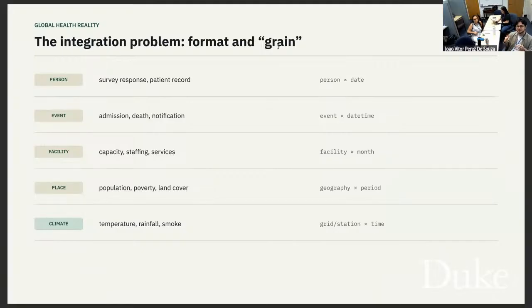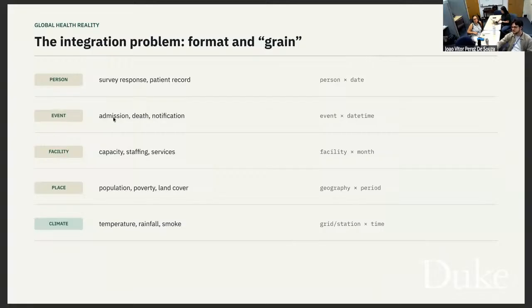So connecting these data sets and creating this data model is challenging, because for a given survey that we did from one study at KCMC, for instance, you're going to have a person and then the date that the interview was done. But if you go to the EHR and try to look up the same person, the EHR is going to be organized by admission, by event.